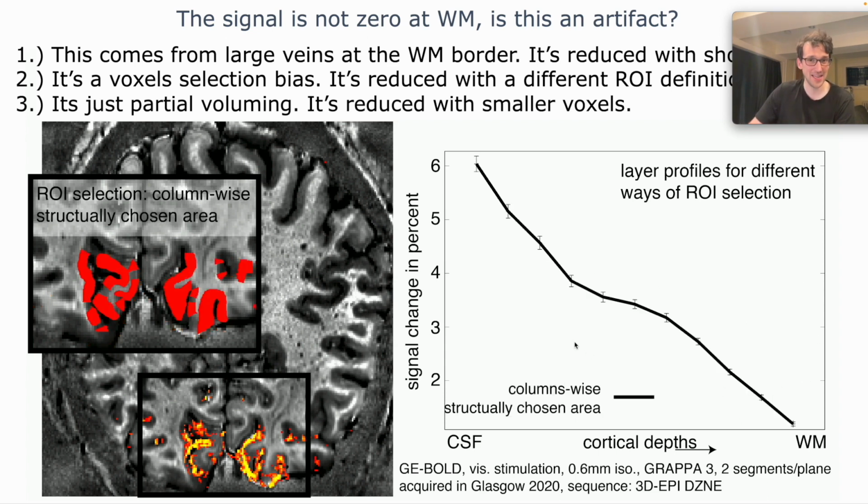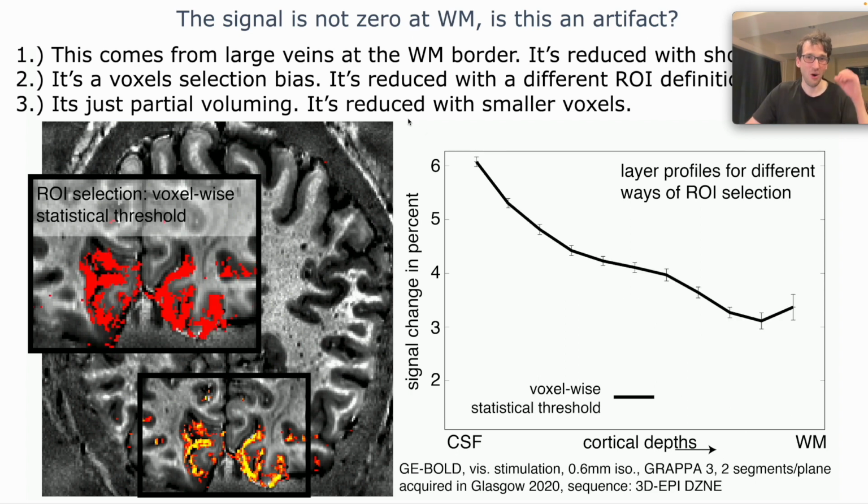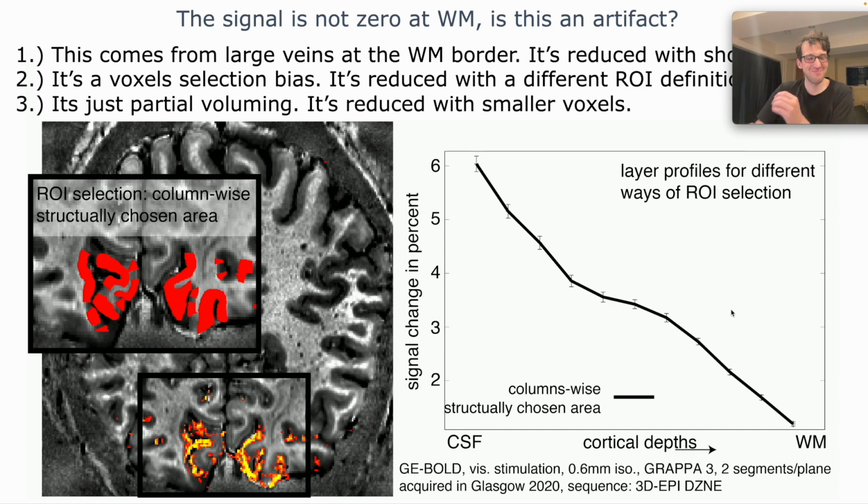But in this specific case, the true answer is option 2. It's a selection bias, because at the superficial layers, all voxels have enough signal that they basically exceed the detection threshold. In the deeper layers, though, voxels don't have as many veins in there, so they are not as responsive. So many of those voxels are actually false negatives.